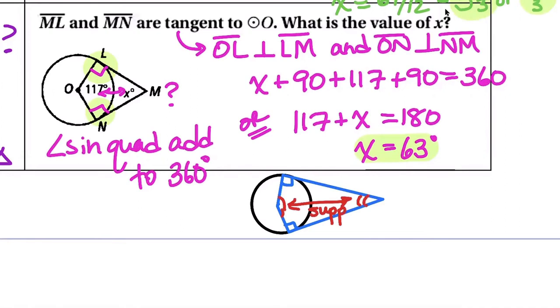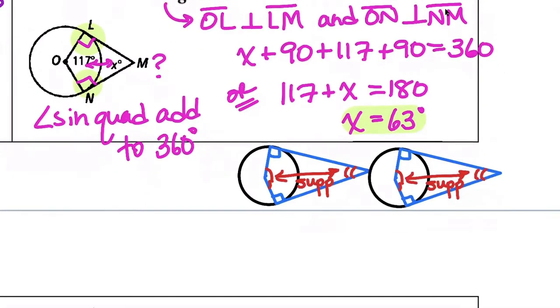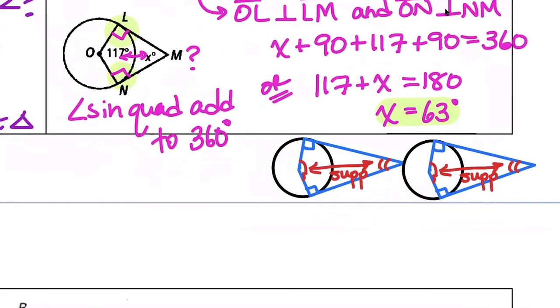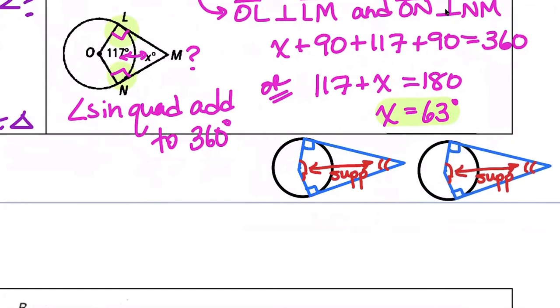Now that also means that, because the central angle is the same as the arc measure here, that central angle measure and this arc measure are the same.